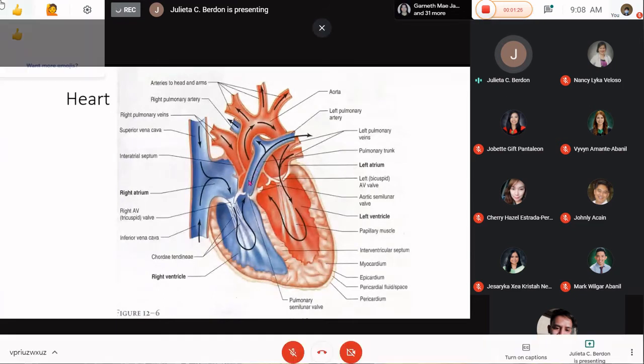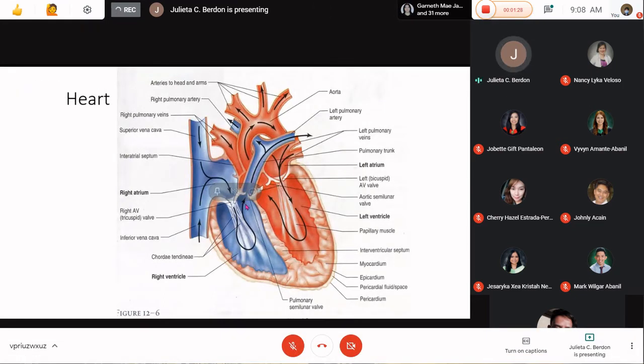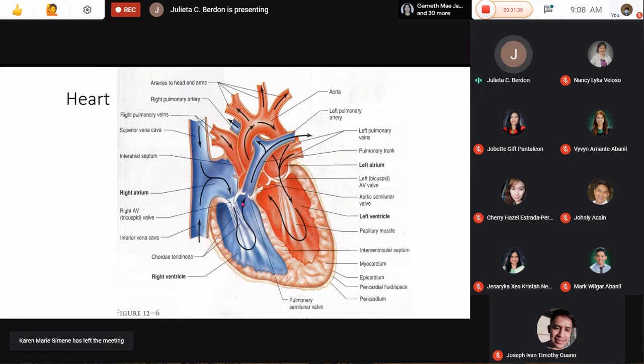And then the AV valves, which are between the atria and the ventricles, you also have two. You have the tricuspid valve, which is between the right atrium and the right ventricle. And then you have the mitral valve between the left ventricle and the left atrium.